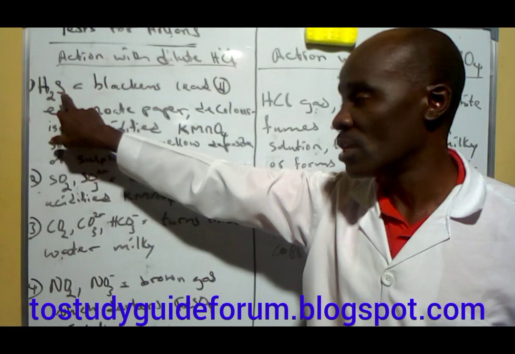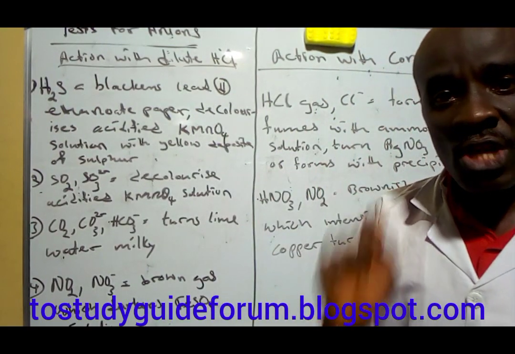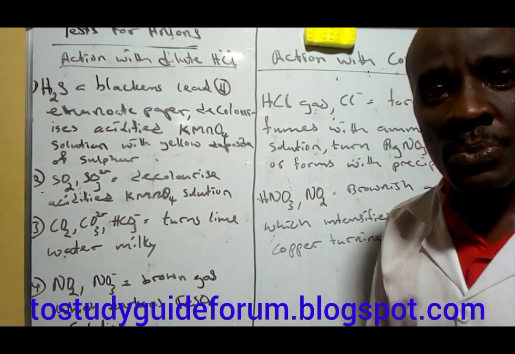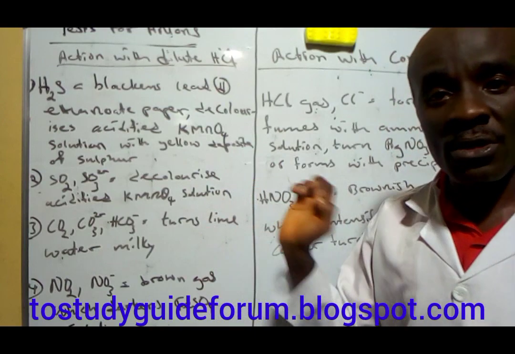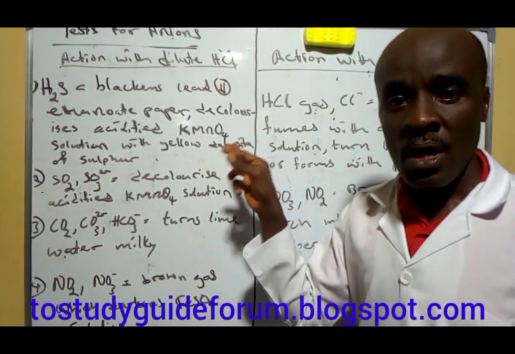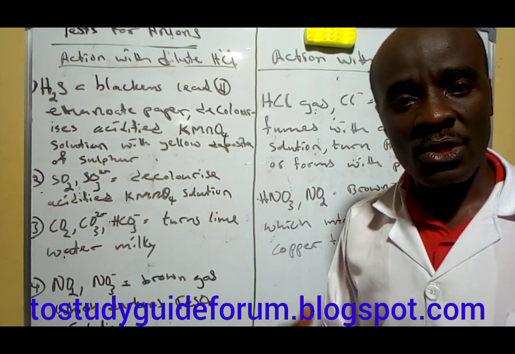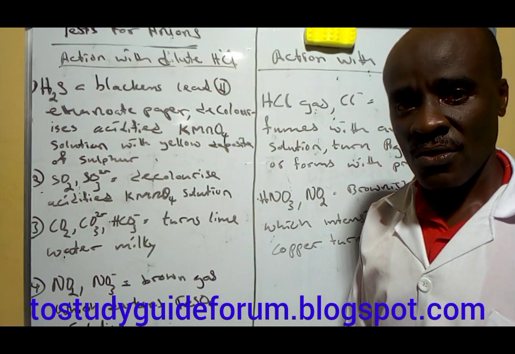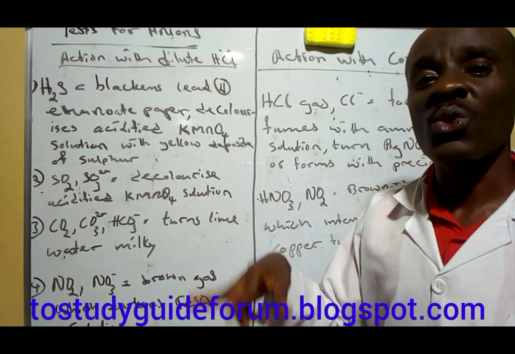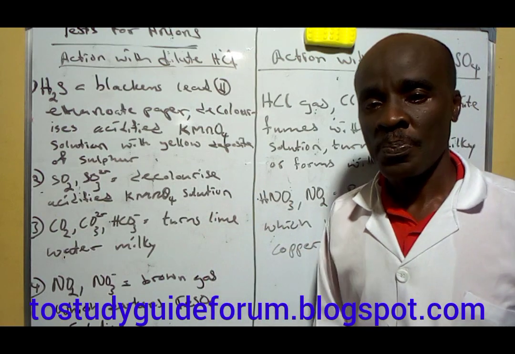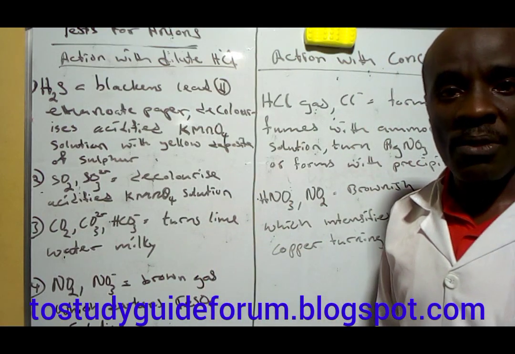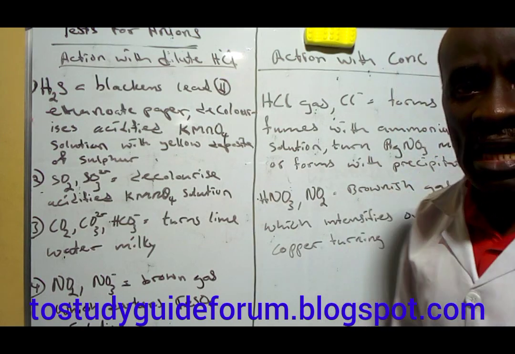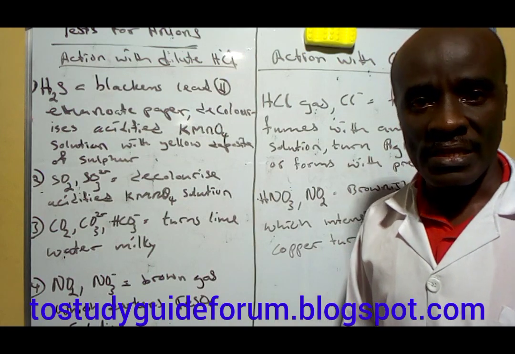With acidified potassium dichromate, it turns from orange to green, also with a yellow deposit of sulfur. When you see that, you know it is coming from no other place but sulfide.